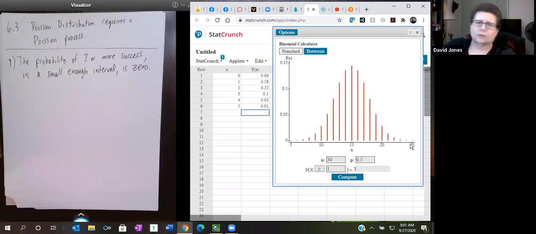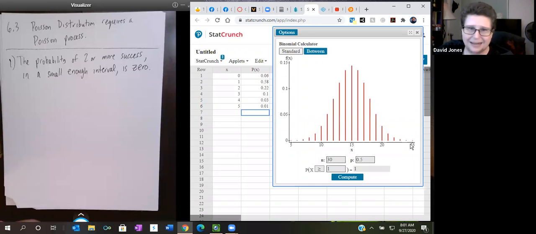For example, let's say we're counting the number of cars that come through the drive-through at McDonald's. If it's the number of cars and I say in a minute, I could get more than one car pulling up to the speaker in a minute.